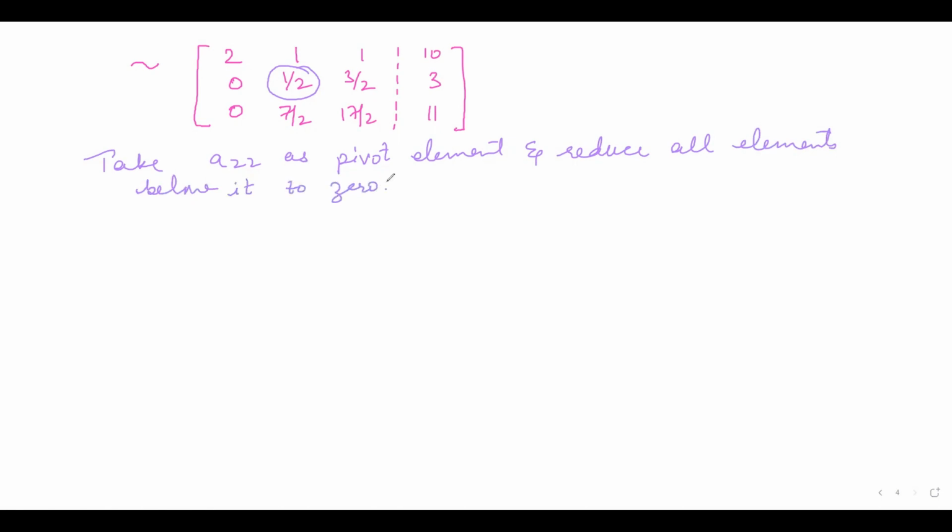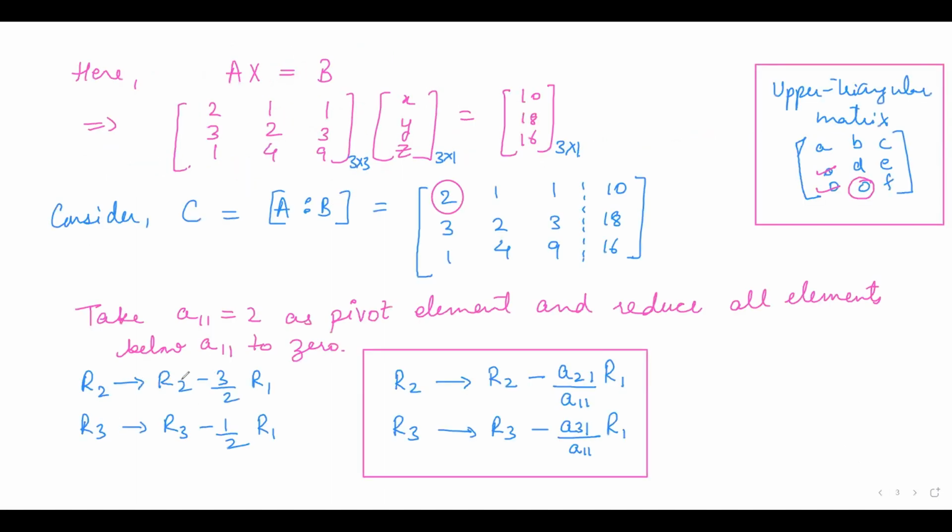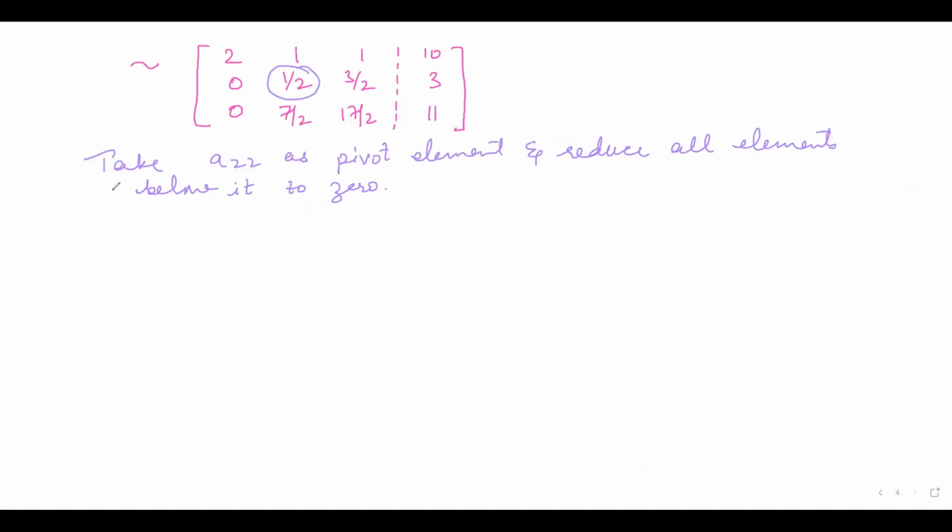You have to make them 0. Now, I have taken the elementary row operations. There also I'll be taking the elementary row operation as row 3 goes to row 3 minus.